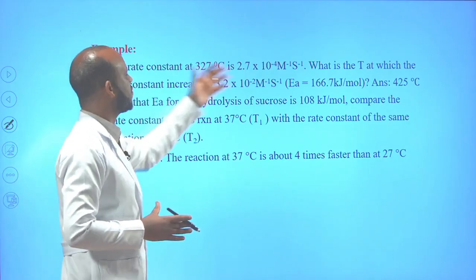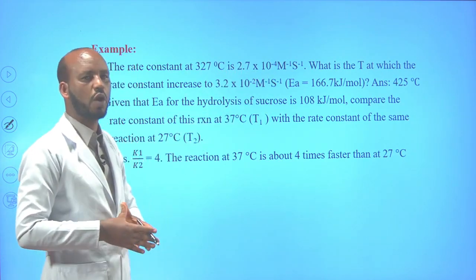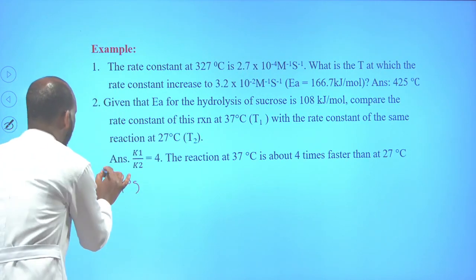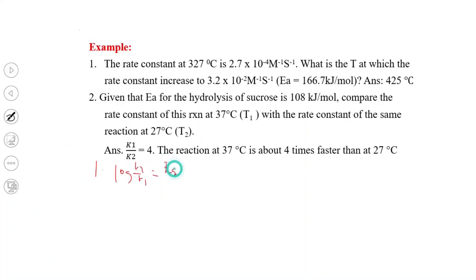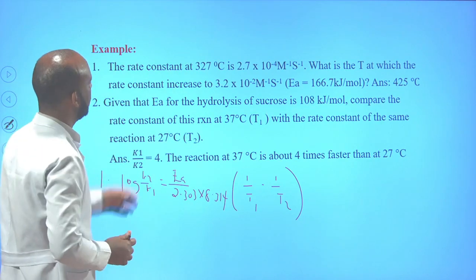For two different temperatures, we have two rate constants, K1 and K2. Therefore, log K2 divided by K1 equal activation energy EA divided by 2.303 R, R is universal gas constant having value 8.314 joule per Kelvin, into 1 over T1 minus 1 over temperature T2. Now what is given?